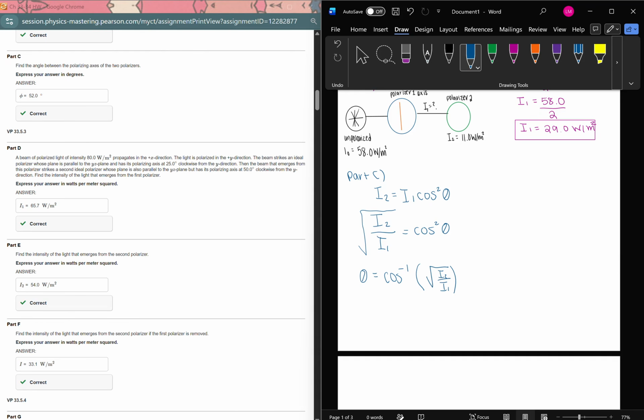I rearranged this by dividing both sides by the intensity of the first one, then took the square root, and then the inverse cosine so we can solve for the angle. Now we're gonna substitute everything: cos inverse of the square root of 11.0 divided by 29.0, and I'm gonna plug this into the calculator.